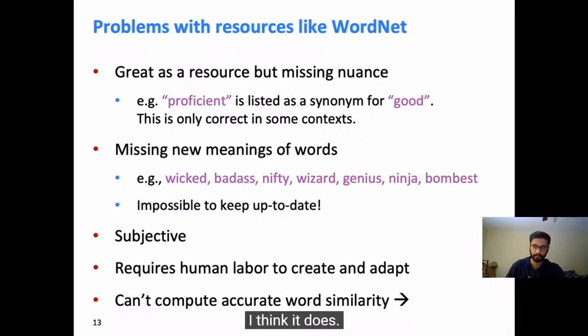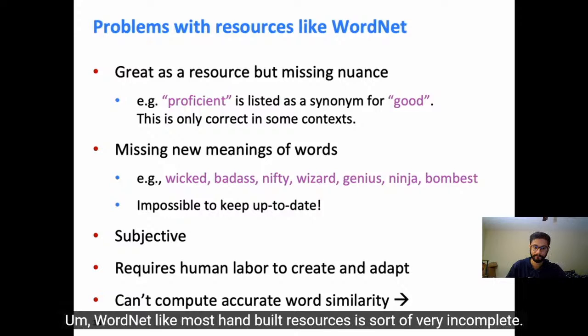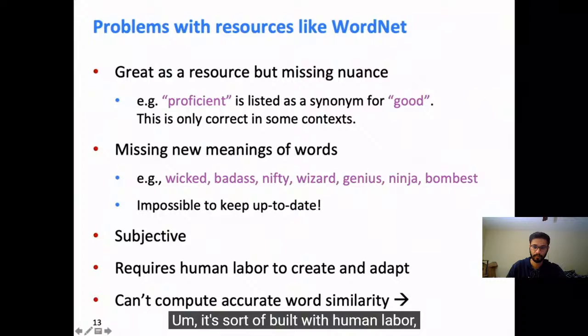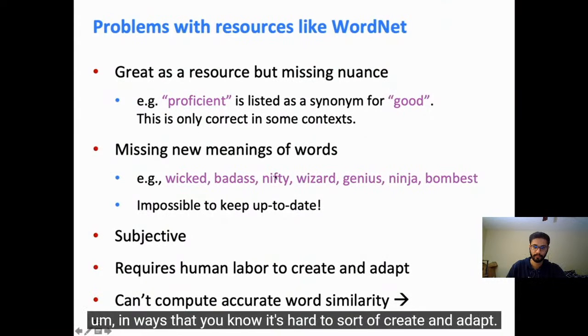I think it does. WordNet, like most hand-built resources, is very incomplete. As soon as you're coming to new meanings of words or new words and slang words, WordNet gives you nothing. It's built with human labor in ways that make it hard to create and adapt.